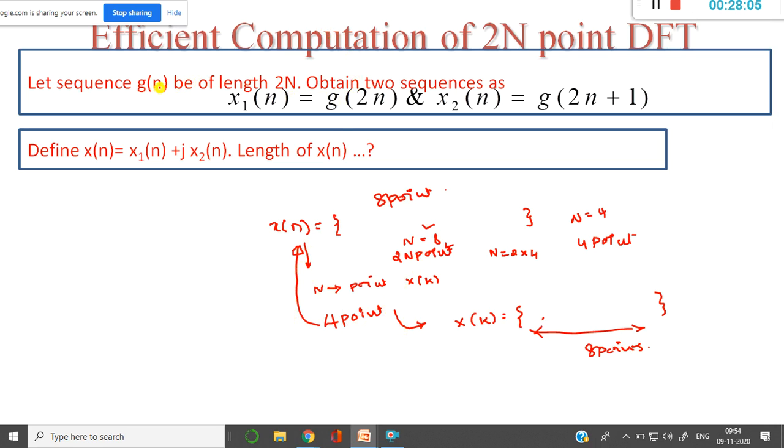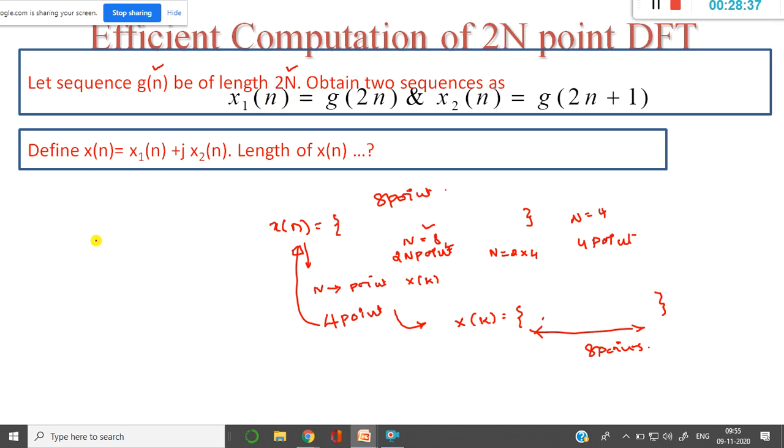That is what we speak about: given a g of length 2N. 2N means if 8-point, then 2 into 4. If it is 16-point, then it is 2 into 8, where you need to apply an 8-point DFT to calculate the 16-point DFT. If it is an 8-point sequence, you need to apply a 4-point DFT to calculate the 8-point sequence.